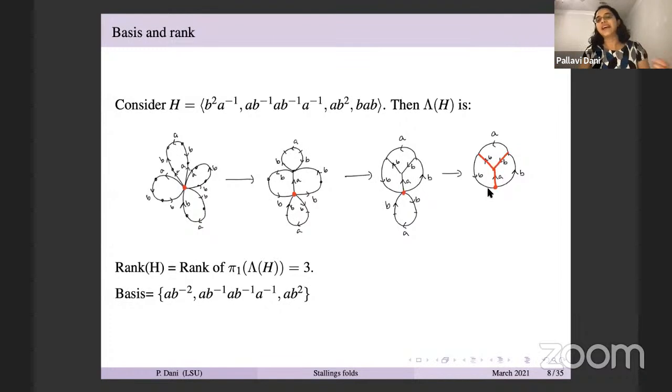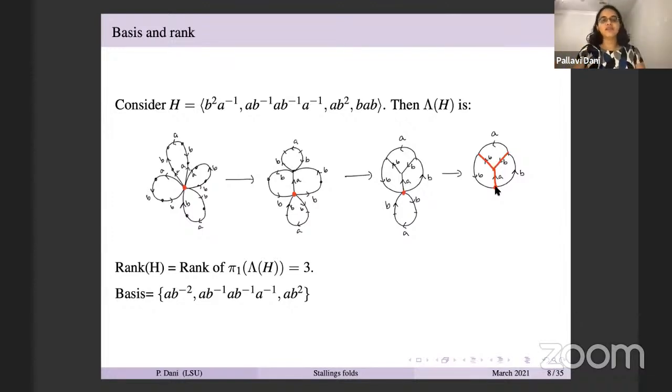And then to actually get the generating set or the basis, you travel along the maximal tree and then do the last edge that's not in there in the first case. In the second case, you travel around the maximal tree to one end of the edge, then do the edge that's not in it, and then go around the maximal tree back to the base point. So that gives you a way of picking a basis for the free group.